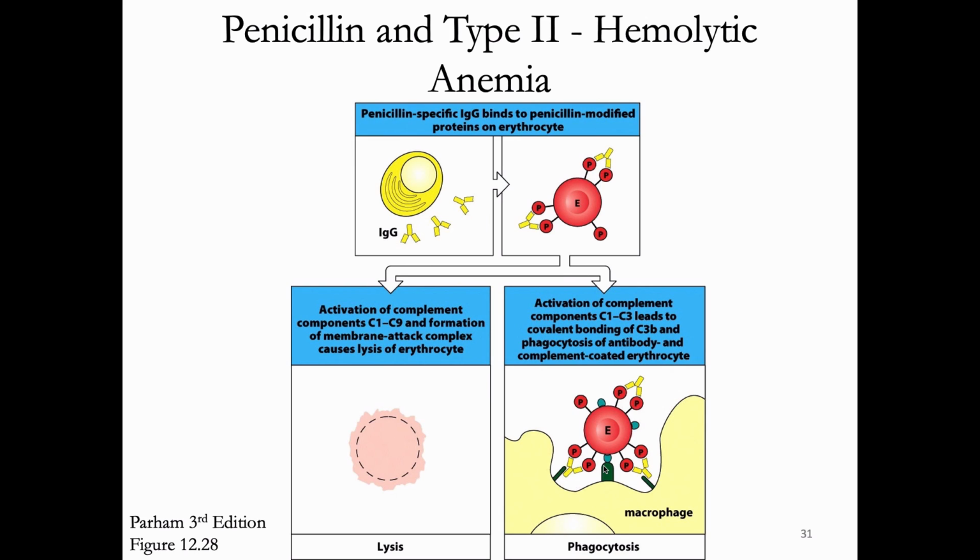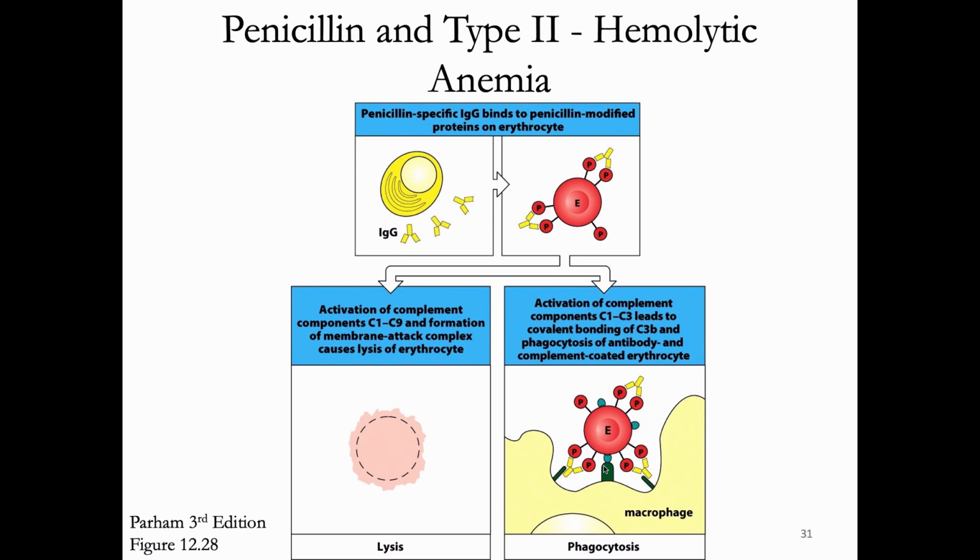You can see the antibodies binding here. As a result, complement can attack those red blood cells and lyse them, or those red blood cells can be phagocytosed by macrophages and be destroyed that way. In either case, we have no red blood cells anymore.